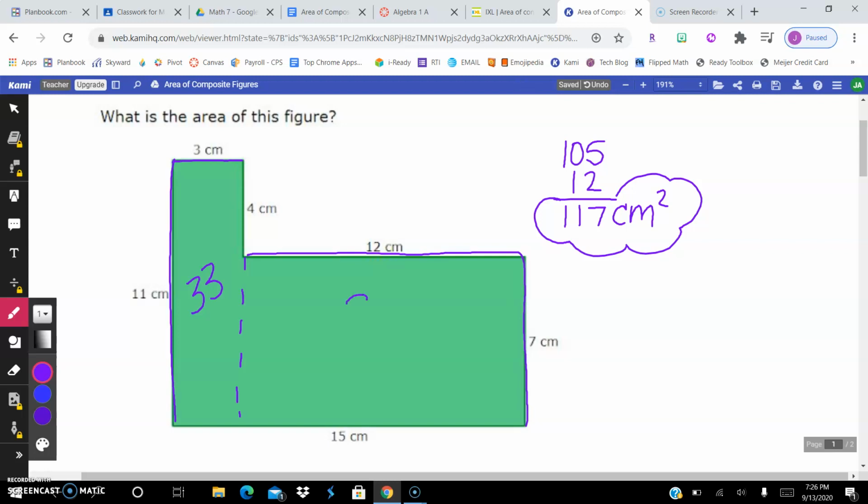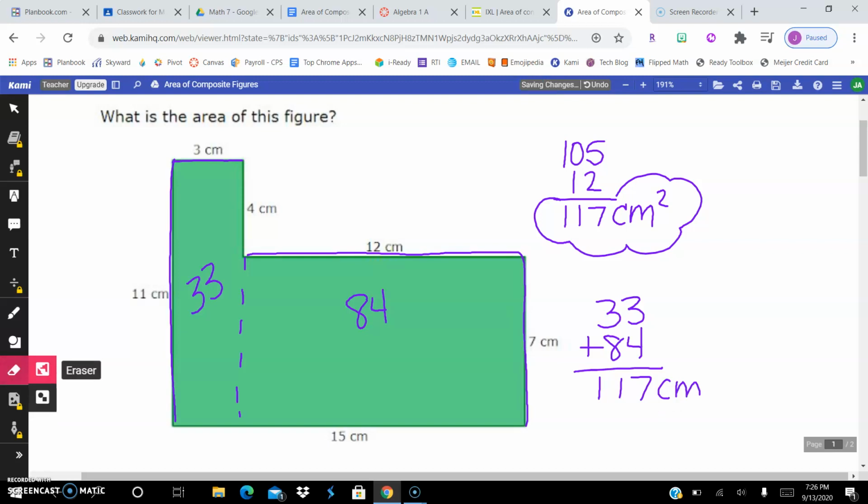And 12 times 7 is 84. Then I could add those together. And I would get 117 as well. So it doesn't matter how you cut it. As long as you do your math right, you're going to get the correct answer.